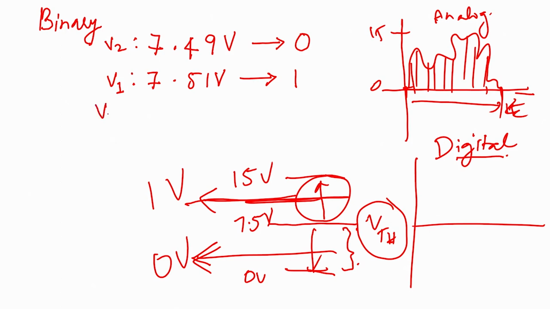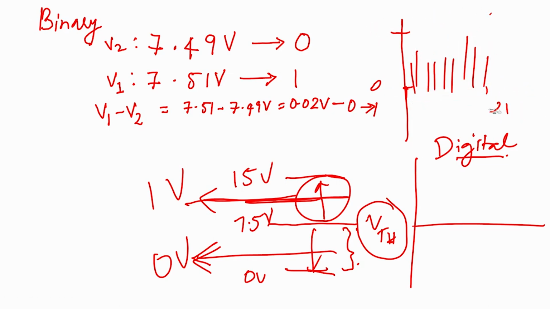For a voltage change of V1 minus V2, which is 7.51 minus 7.49 volt, equal to 0.02 volt, we got a digital logic change from 0 to 1, correct. So, this is very dangerous from a circuit design point of view. Can you tell me why?